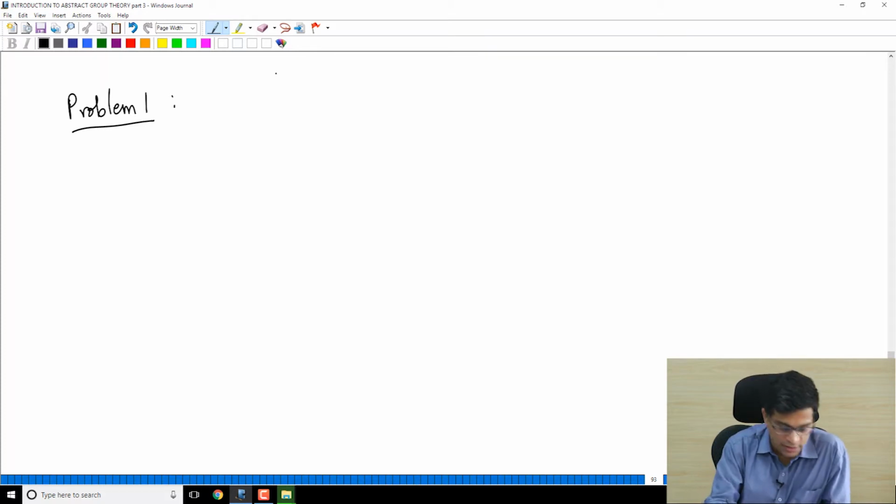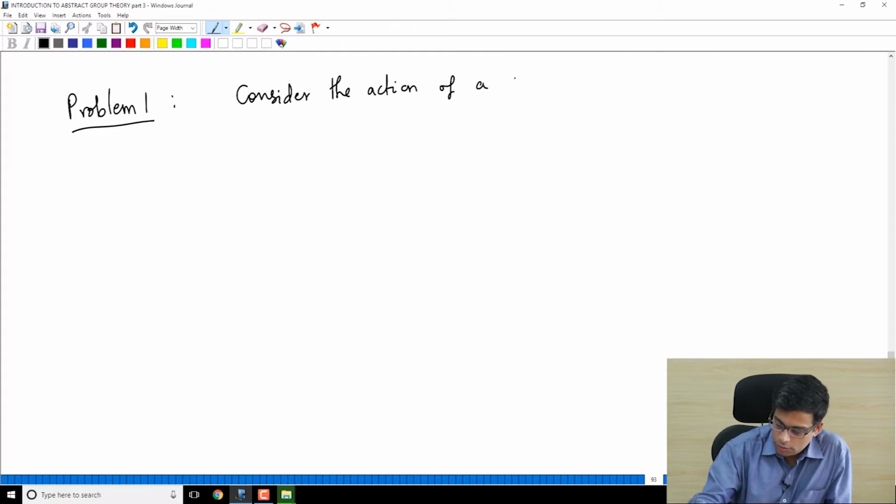Okay, so let's consider the action of a group G on itself by left multiplication.